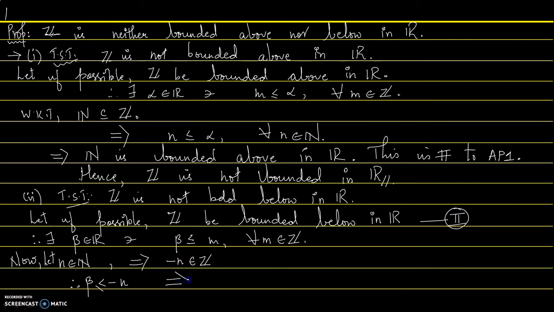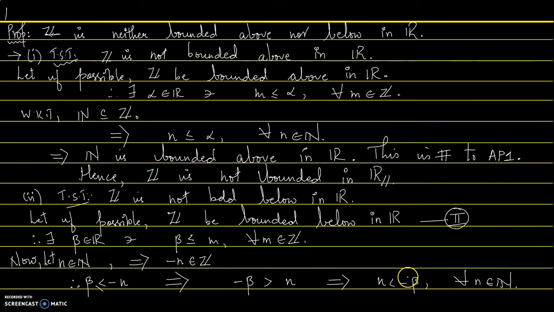Now if I multiply minus 1 on both sides, the inequality will reverse, and I'll get minus beta is bigger than or equal to n. This implies n is less than or equal to minus beta for every natural number n.